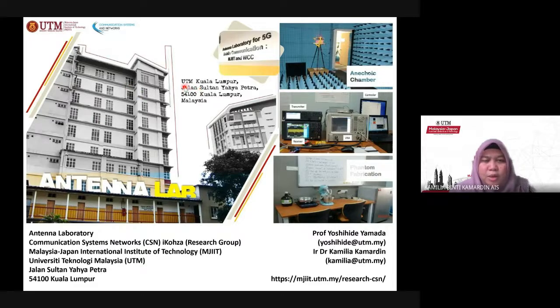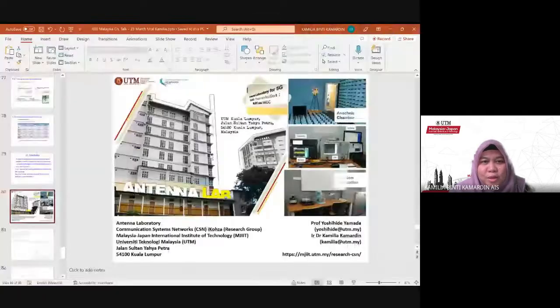We are located at UTM Kuala Lumpur, Jalan Sultan Yahya Petra, 54100 Kuala Lumpur. If you have any questions, you can just email Prof. Yamada or myself, and this is our website. We welcome any request for lab visit, lab tour and so on. We also accept requests for antenna measurements at our laboratory, but with some fees. So that's all from us, Dr. Sadakul.